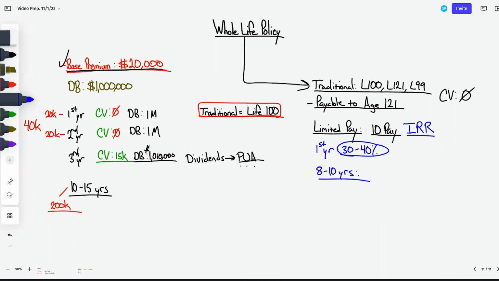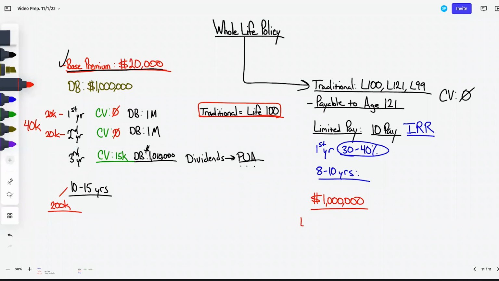Now, what I want to mention here, there's two ways to approach a policy. So let's say you're trying to choose, do I go with the traditional policy or a 10-pay policy? If you were just shopping for a $1 million death benefit, and you said, which one costs more? Which one will require a higher base premium on a yearly basis? $1 million death benefit.